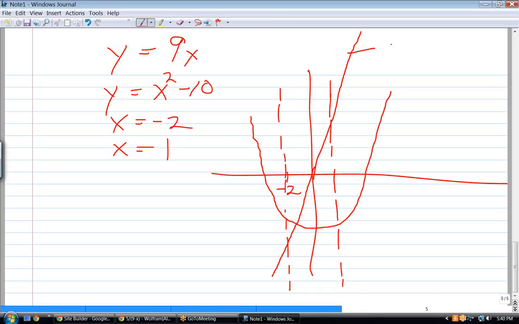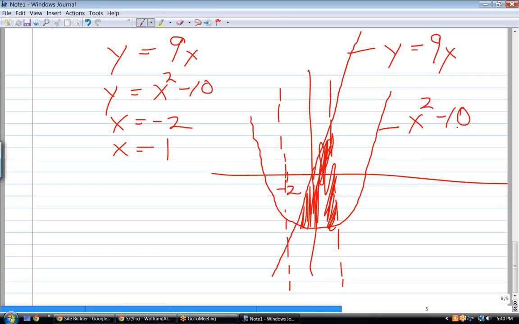This curve here, y equals 9x, appears to be above everywhere that we're concerned about. In other words, we're looking for this area here. And throughout that whole area, the above curve is y equals 9x. The below curve is x squared minus 10.